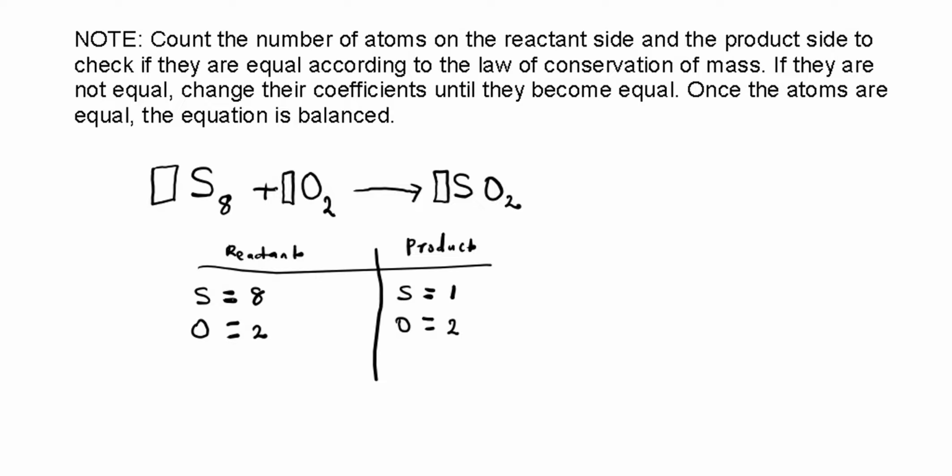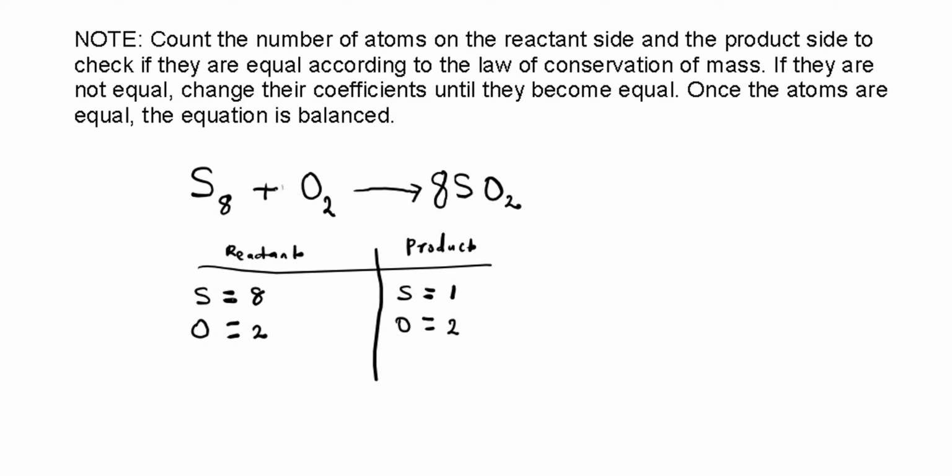Then, let's clean this. Now we come to the product side. Let's try to change the coefficient in front of the sulfur. So let's add 8 here to make it equal. We have added 8 here.